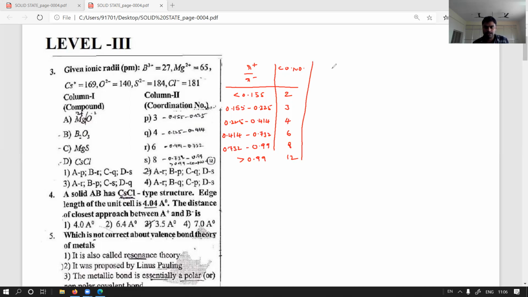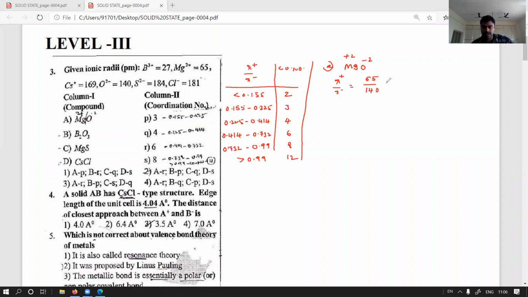Now we have to find out the first one, MgO, magnesium oxide, Mg+2 and O-2. The cation is the magnesium ion, the anion is oxygen. What is the radius ratio of cation and anion of magnesium oxide? The radius of magnesium is 65 and the radius of oxide ion is 140.